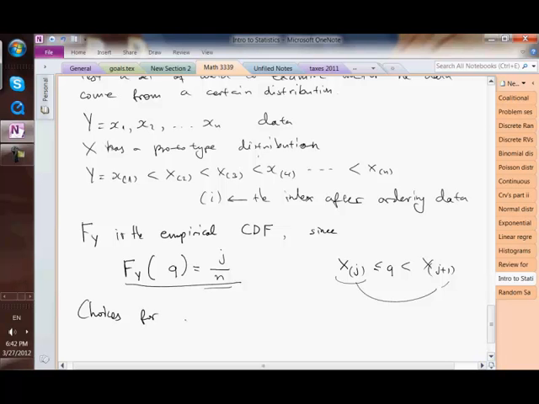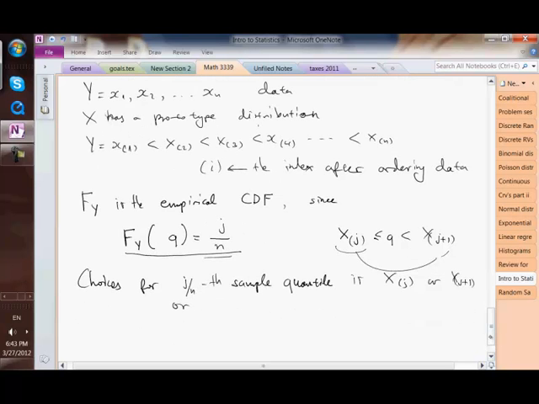So the choices for the so-called jth over n sample quantile are either x sub j, or some people use x sub j plus 1, or some other people choose the point j minus 0.5 divided by n.